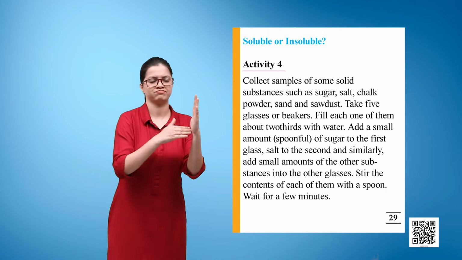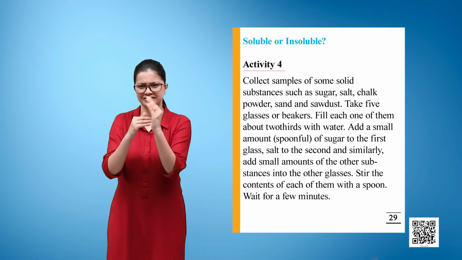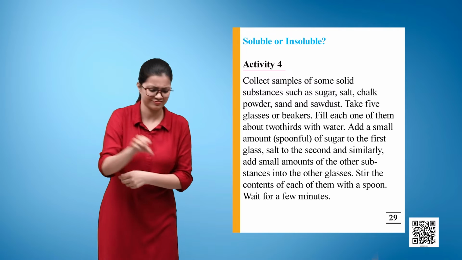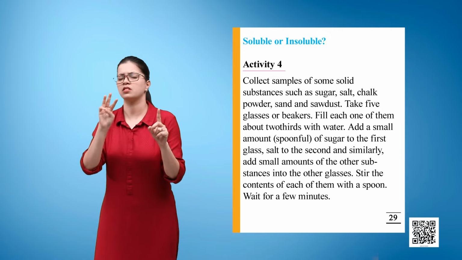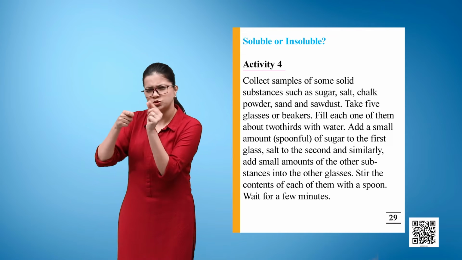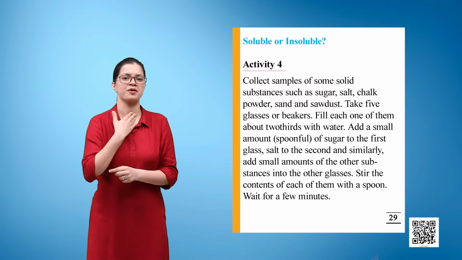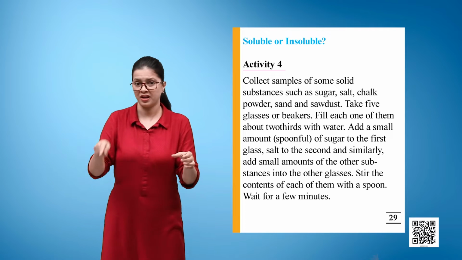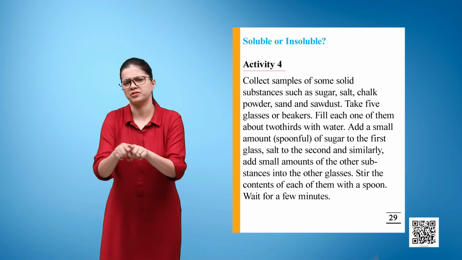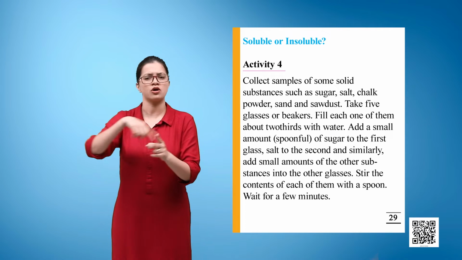Take 5 glasses or beakers. Fill each one of them about 2/3 with water. Add a small amount, a spoonful of sugar to the first glass, salt to the second, and similarly add small amounts of the other substances into the other glasses.